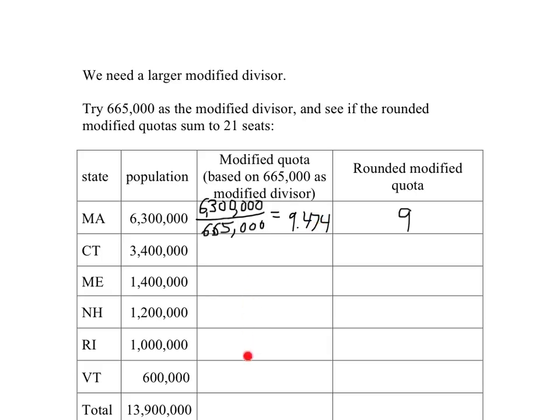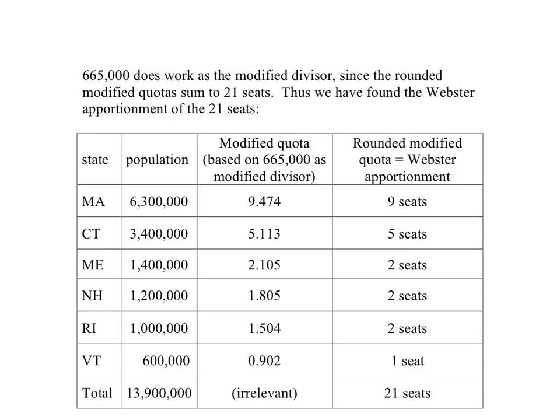And we go through and do the same computation for each of the other populations divided by 665,000 to see the resulting modified quota and then round it. And behold, here are the results. Here are all the modified quotas and the resulting rounded modified quotas, rounded to the nearest integer. Just to be clear where all of these numbers came from, for example, where did this 1.805 come from for New Hampshire?